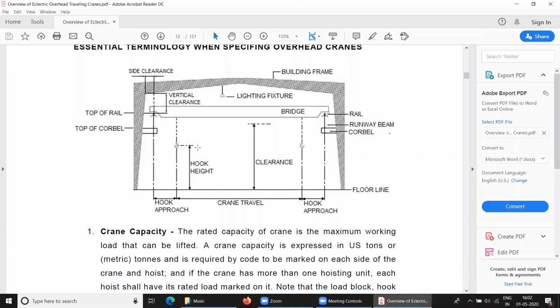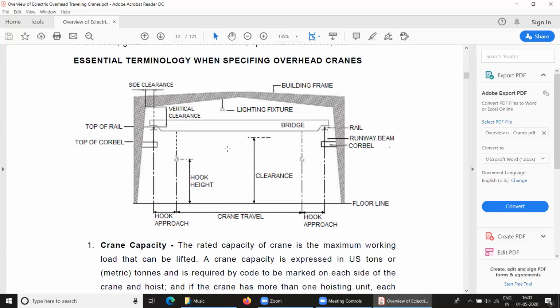This is the hook height, this is the clearance part, this is the bridge, the rails, the runway beam, and top of rail, top of corbel, side clearance, building frame, lighting fixture. These are the crane travel, these are the hook approach. So this is the terminology essential as far as overhead cranes are concerned.